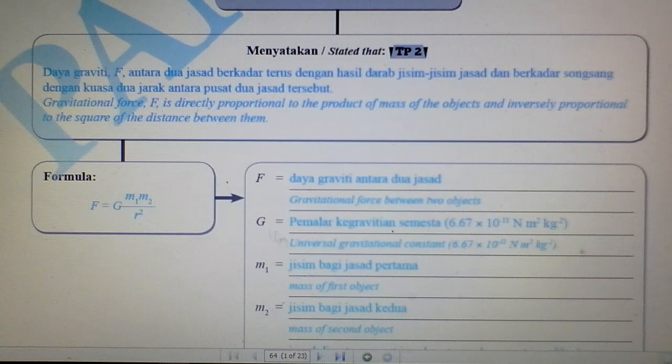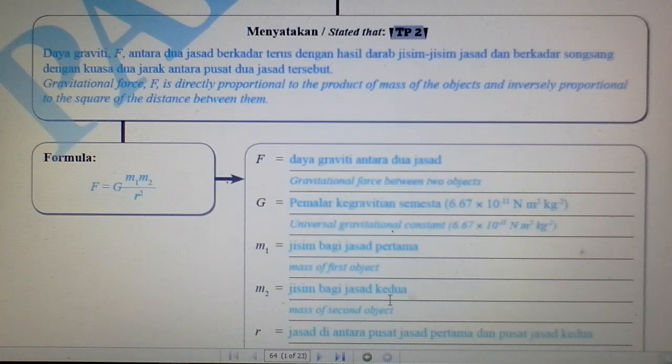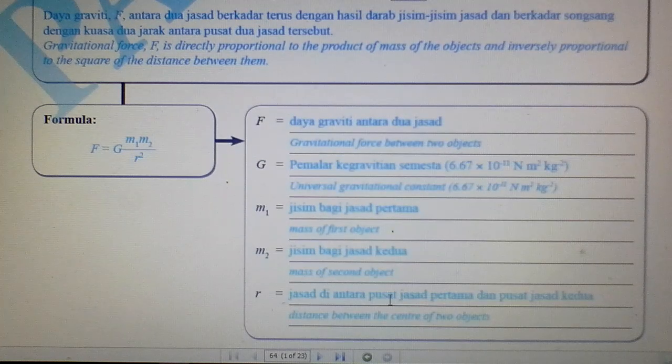G, capital G, is the universal gravitational constant. m1 is the mass of the first object, m2 is the mass of the second object, r is the distance between the centres of the objects. I hope you understand this formula. This is what is concluded from Newton's law of gravitation.